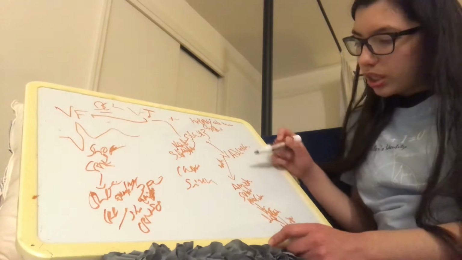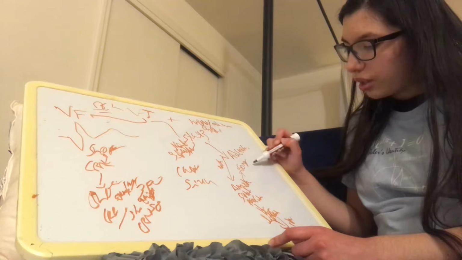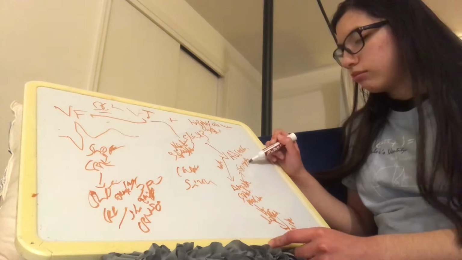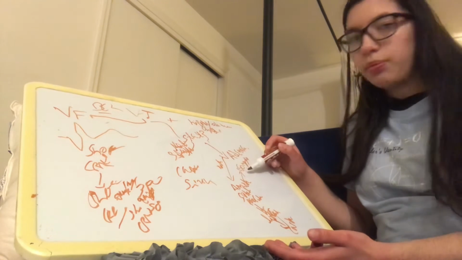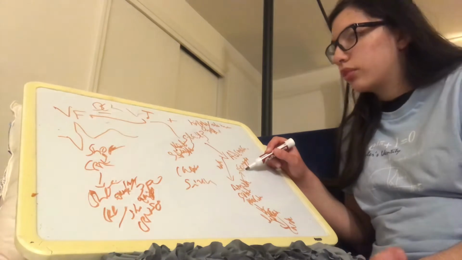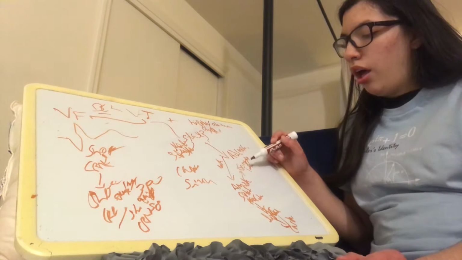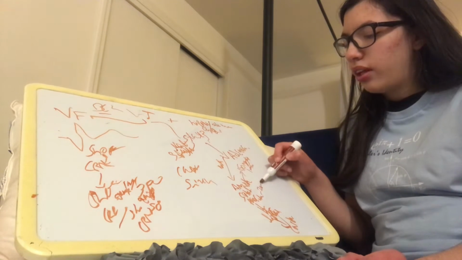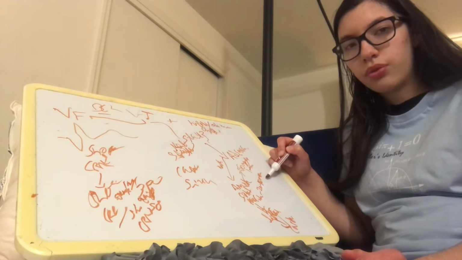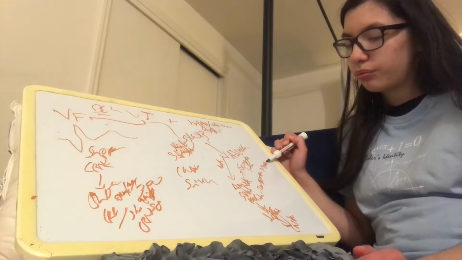Here the dose of amiodarone is 150 milligrams. This is the push dose, and the infusion or maintenance dose is about 1 milligram per minute. Procainamide is between 20 and 50 milligrams per minute as the push dose, and the infusion or maintenance dose is 1 to 4 milligrams per minute.